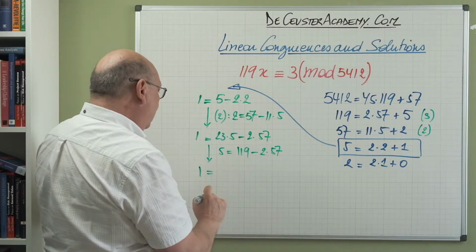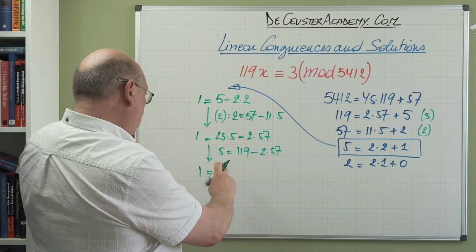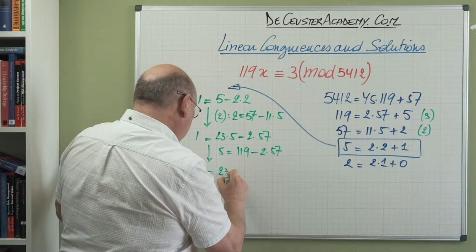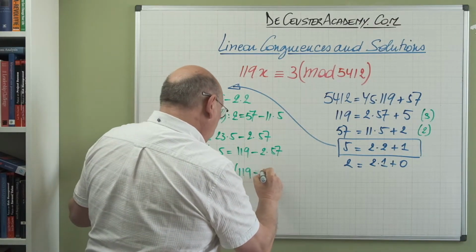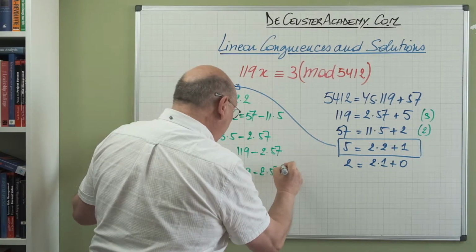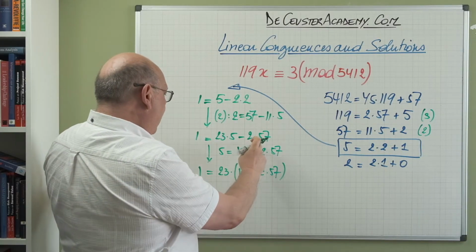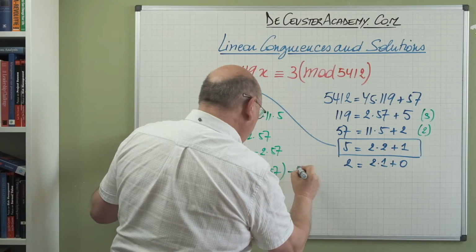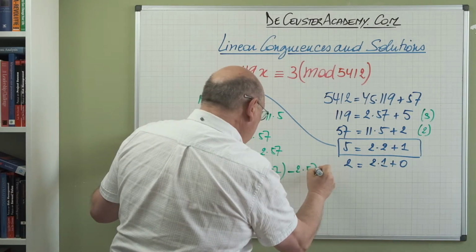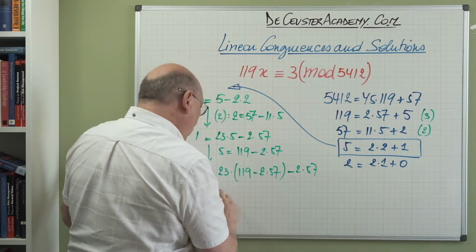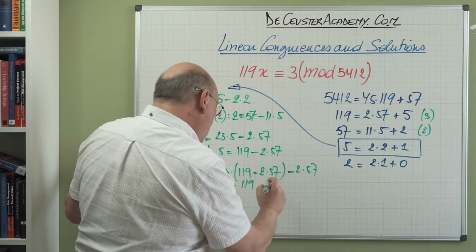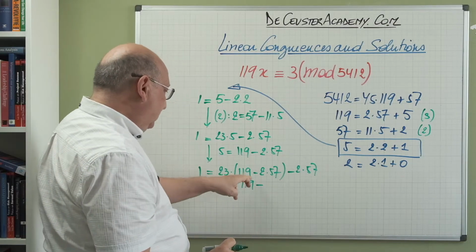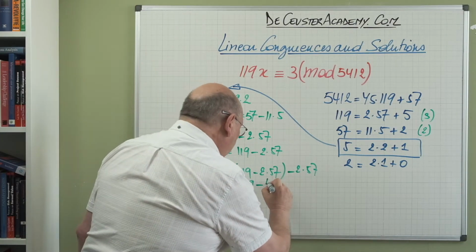So what we find now, and I will do it completely here, is 23 times (119 minus 2 times 57) minus 2 times 57, which gives us a total of 23 times 119 minus 46 minus 2, that is 48 times 57.